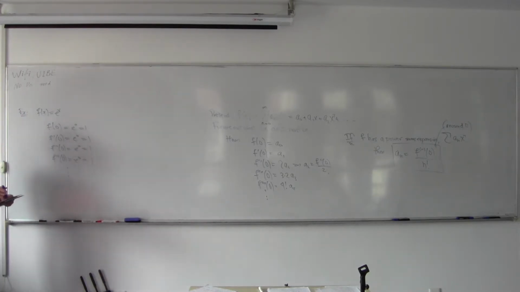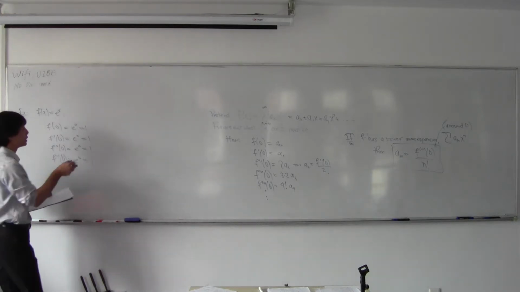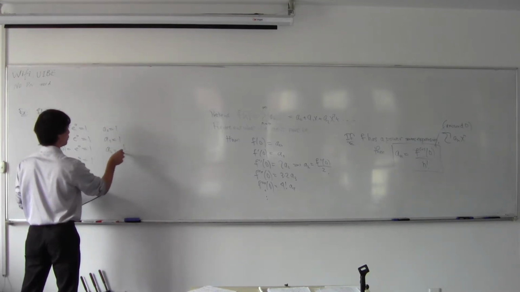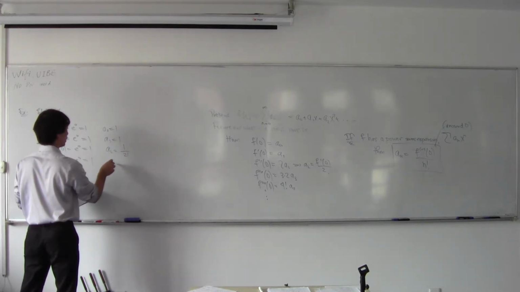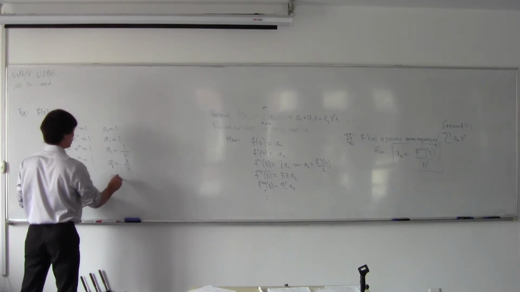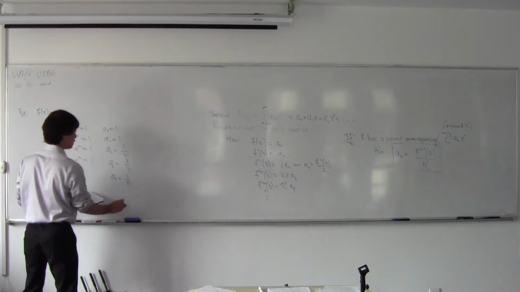They're all 1. So what does that tell us? The 0th coefficient is 1. The first coefficient is 1. The second coefficient is 1 over 2 factorial. The third is 1 over 3 factorial. The fourth is 1 over 4 factorial, etc., etc.